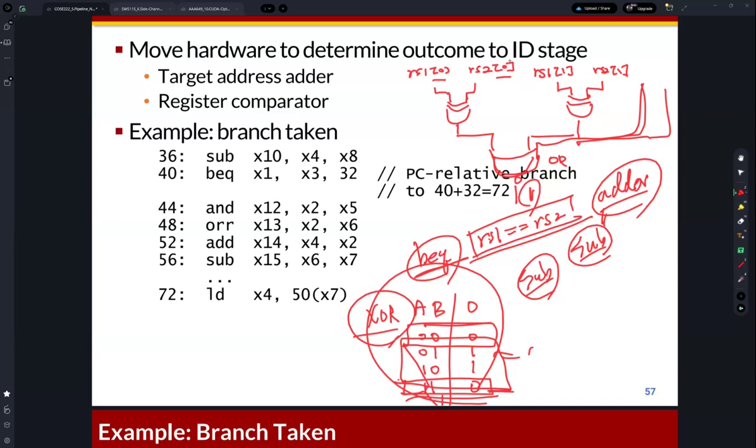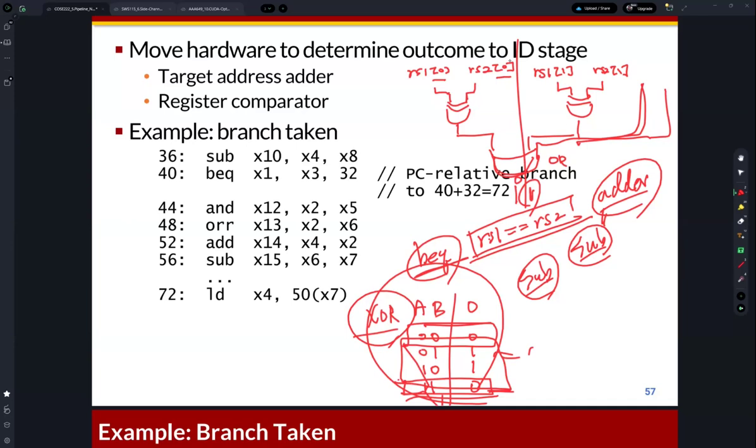So actually, we can make very simple equality check logic using the exclusive OR gate, and then by ORing the results of these multiple exclusive OR gates. If you see this hardware, there is no carry. There is no carry propagation in this equality check logic.